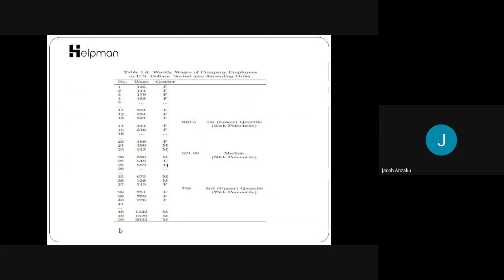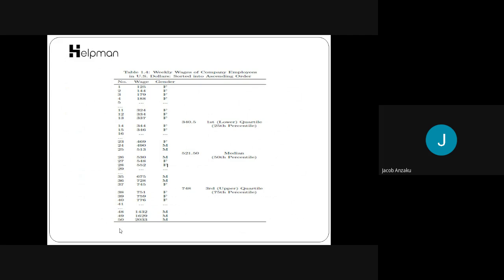So here in table 1.4, from 1 to 4, we have the upper quartile. From 11 to 16, we have the first lower quartile, which is also the 25th percentile.